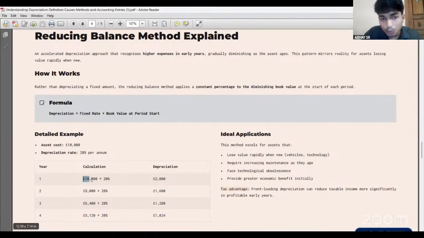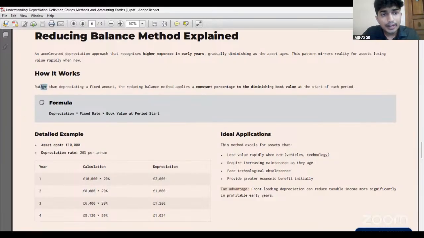If you notice the value of the asset, the first year is 10,000. After that, there is a depreciation of 2,000, and in the second year the balance of the machinery's value is reduced. As the name suggests, it is called the reducing balance method. First year 10,000, second year 8,000. The value of this particular machinery is reduced through depreciation.